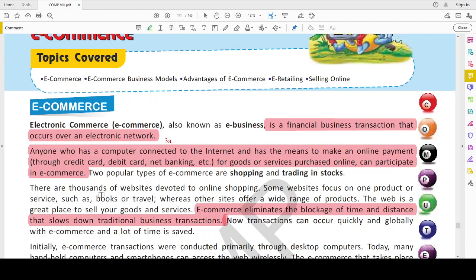So, what happens is the company or the person who is doing business, who is hosting the e-commerce, is having a website to showcase his products.